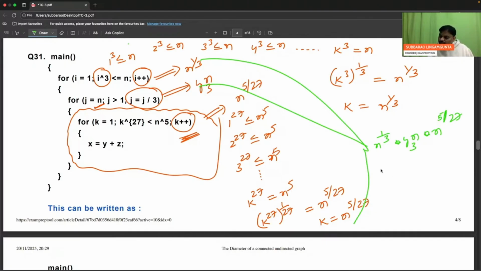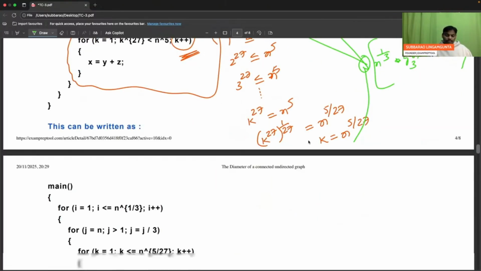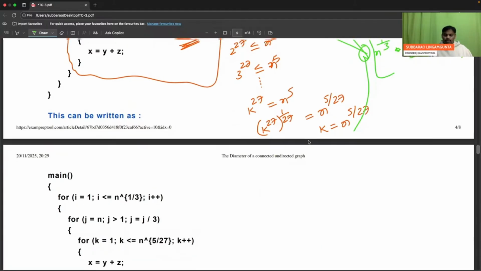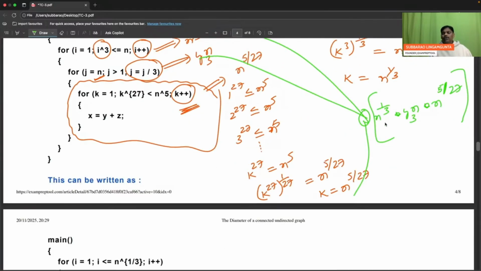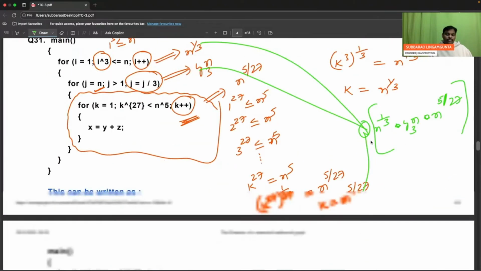So just add properly, big O of n power 1 by 3 into log n base 3 into n power 5 by 27. So that is the answer for that problem. This is problem number 31.